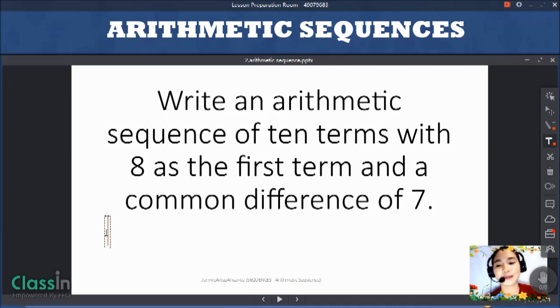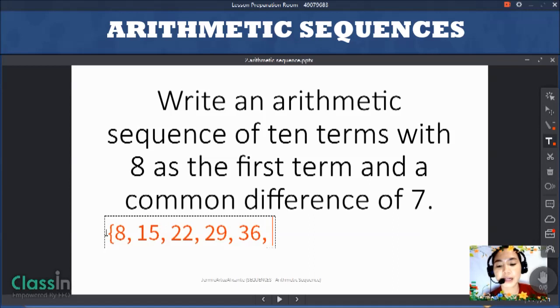Let's check now. Since the first term is 8, you have to start with 8. And since the common difference is 7, you have to add 7 to the previous term. So 8 plus 7 is 15, plus 7 is 22, plus 7 is 29, plus 7 is 36, plus 7 is 43, plus 7 is 50, plus 7 is 57, plus 7 is 64, and plus 7 is 71.